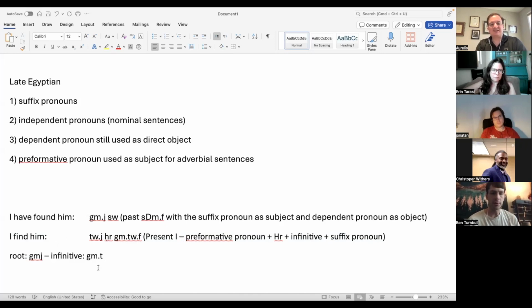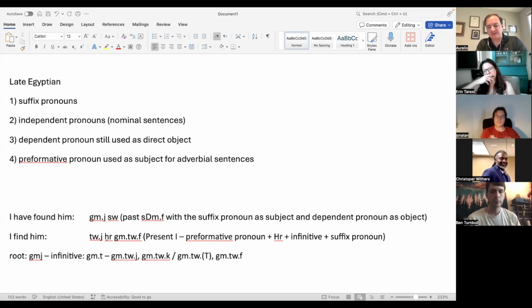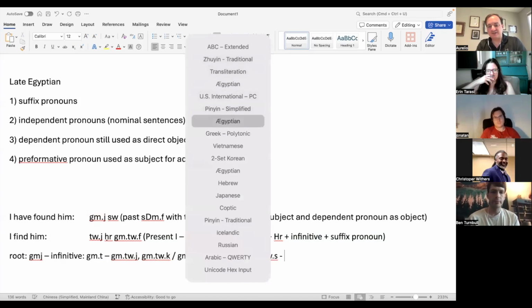And if you stick a suffix pronoun on there as an object, so to find me would be gemtui, to find you would be gemtuk, or for the feminine variant, gemtut, and so on. Gemtuf, you see a lot. They don't always write the t. And sometimes they write it where it doesn't belong. So that's a little bit of a nuisance, but very often they write it, especially for common verbs like gemi. And it's still there in Coptic. You would say chintef, so like this.